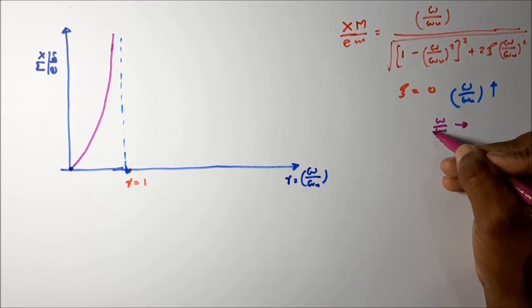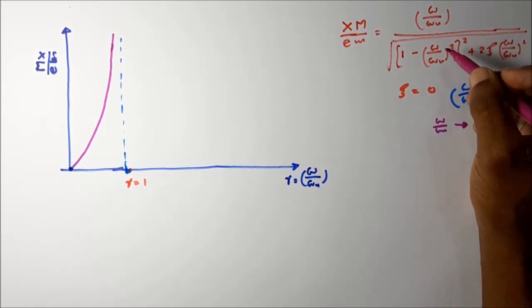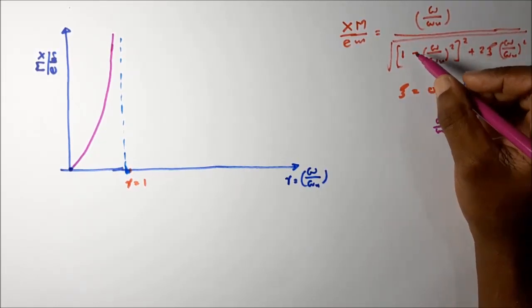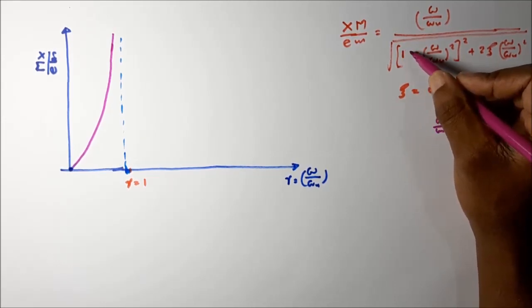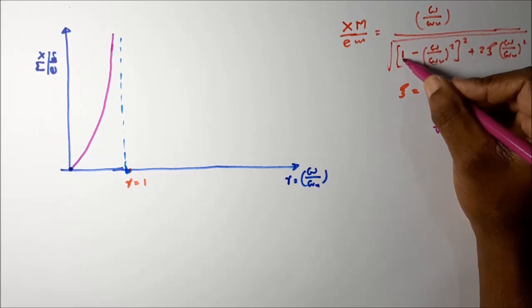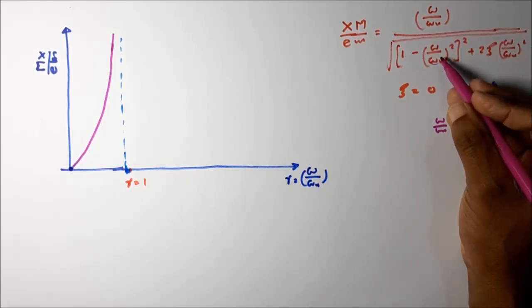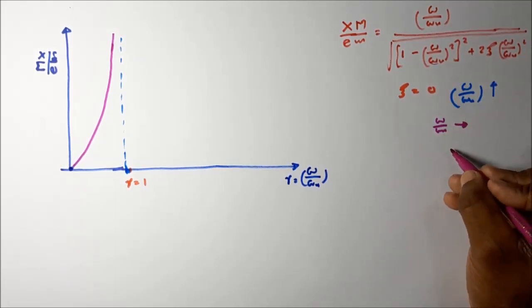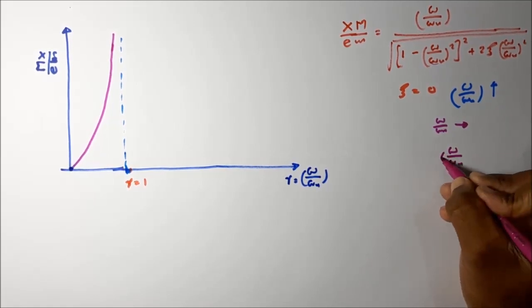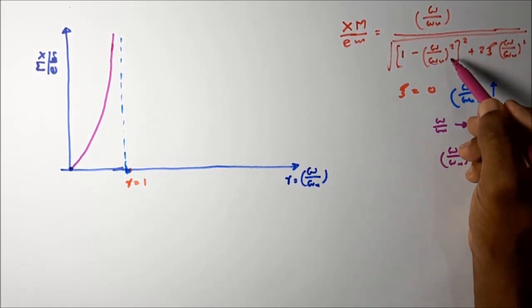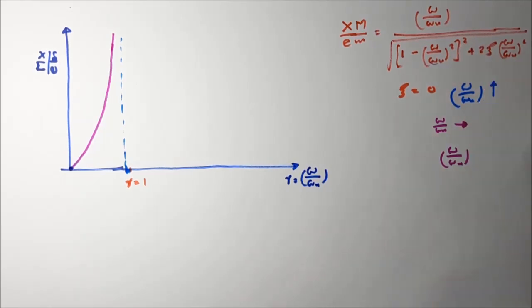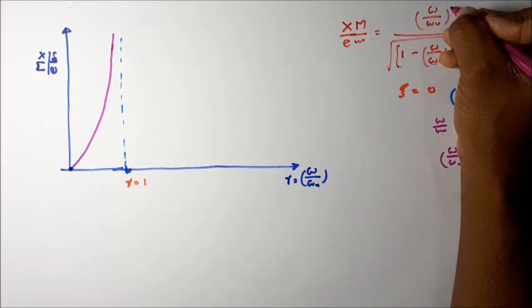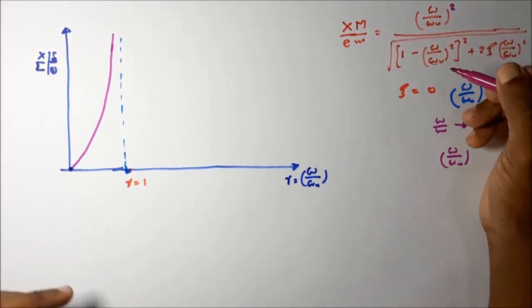For higher values of omega divided by omega n, we can neglect 1 in here because this is very high compared to the 1. So in the denominator we are left with the omega divided by omega n term, because we have taken the square. Sorry, this one should be a square.